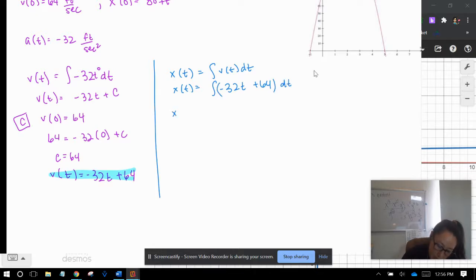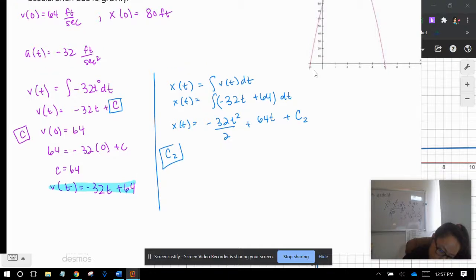So x of t is equal to negative 32t squared over 2 plus 64t over 1 plus our constant c. Now this constant c is a different constant than our velocity one, so we're going to call it constant c2. Now we're going to solve for c2.